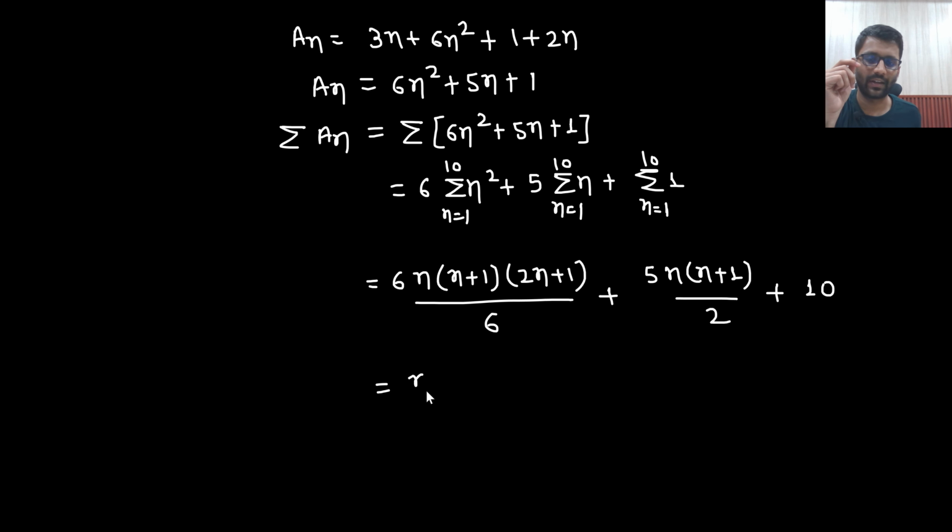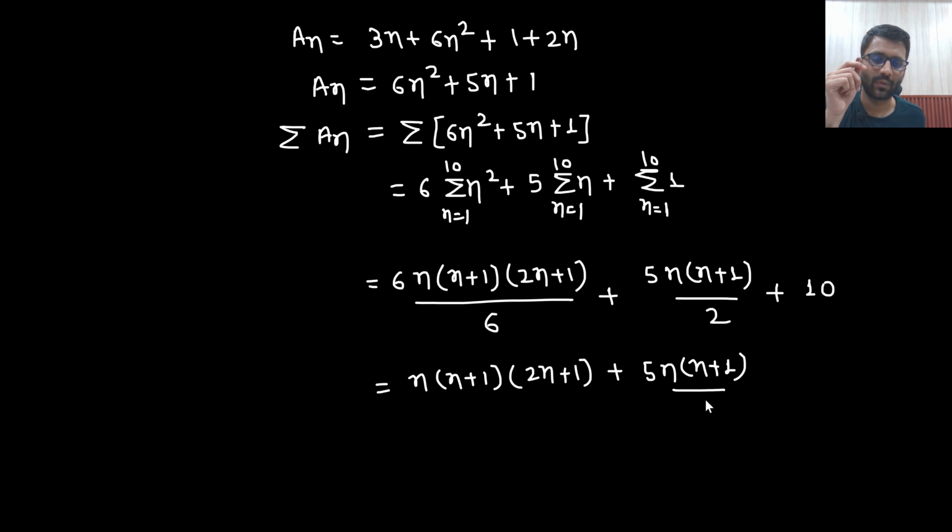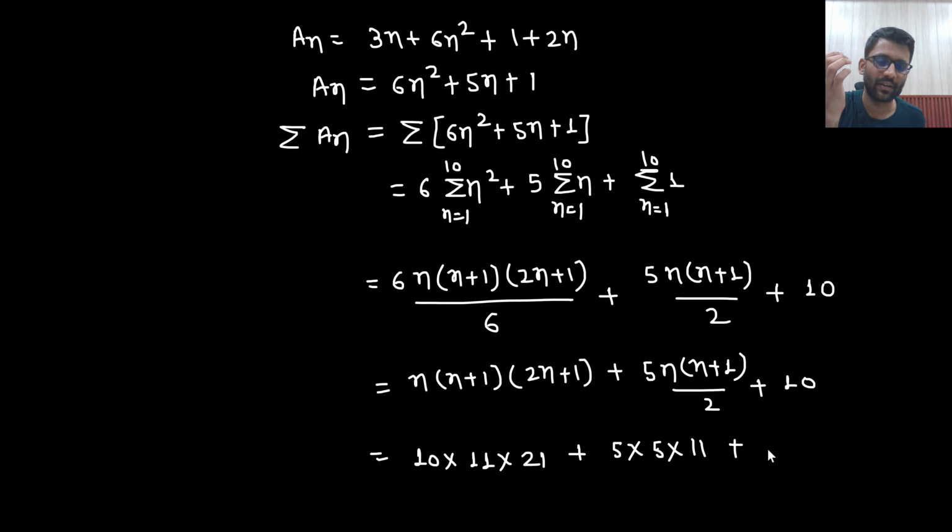So we are getting here n into n plus 1 into 2n plus 1, plus 5 into n plus 1 by 2, plus 10. We need to put 10 here now. So 10 into 11 into 21, plus 5 into 10 by 2 will be 5 into 11, plus 10.